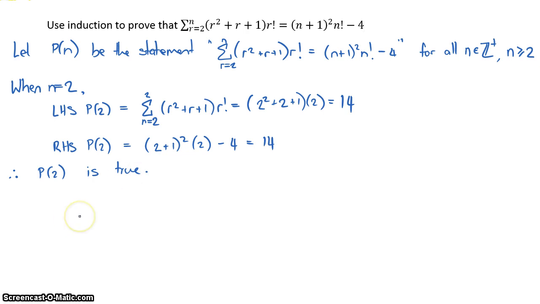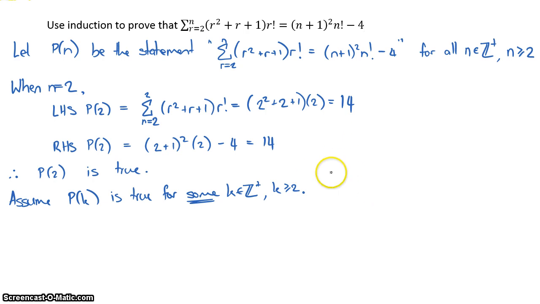What next? Next I have to set up my induction hypothesis. So this is where I assume Pk is true for some k. And again, it's important that it's some, not all. I also like to write out what this means.